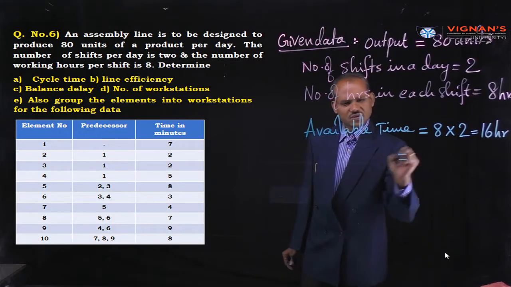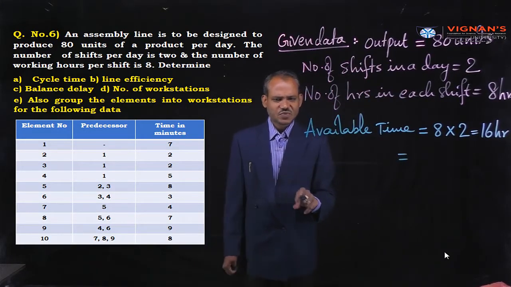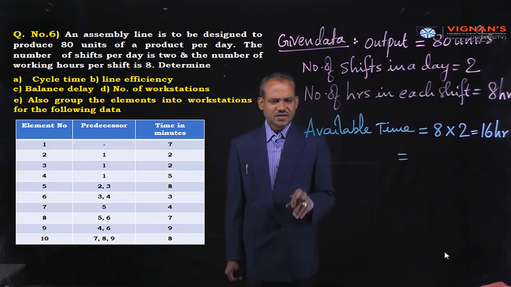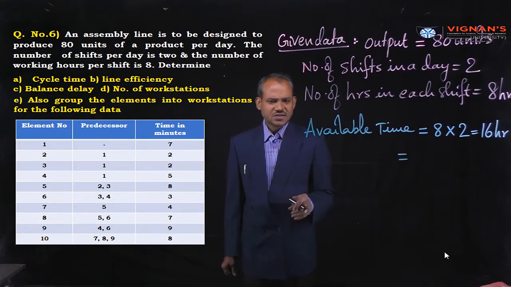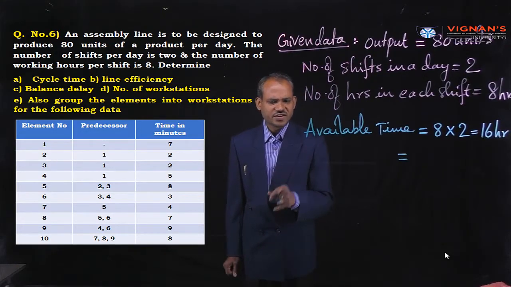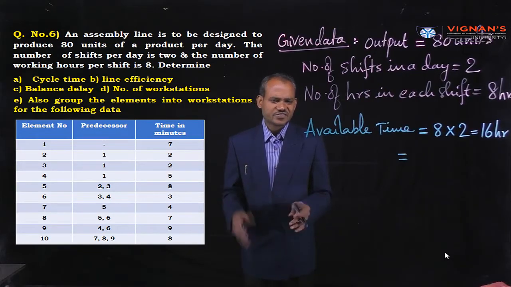Now, first convert hours into minutes. Why? Because observe this table. In the given data, time is represented in minutes, because there are 10 elements. For each element, it takes some time, known as processing time. All timings are represented in minutes.